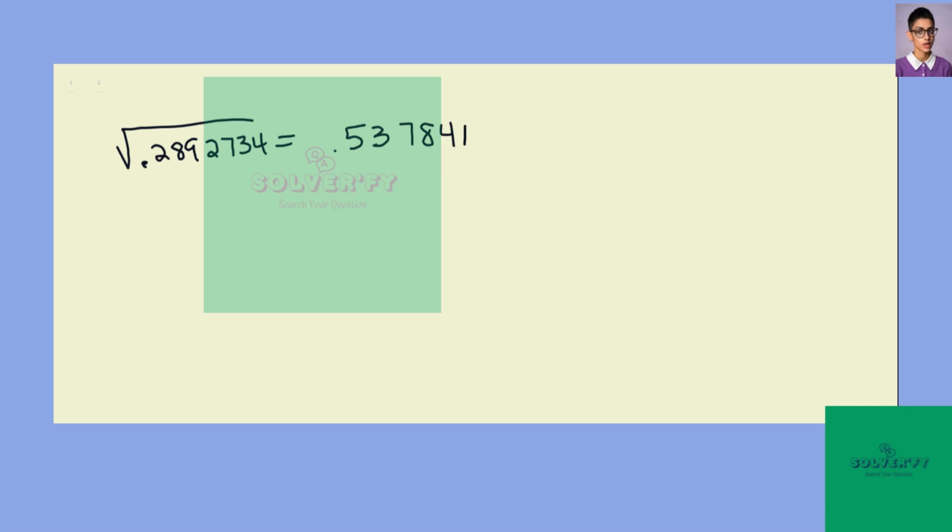So my answer, f of 0.410245 equals 0.537841, and that's my answer.